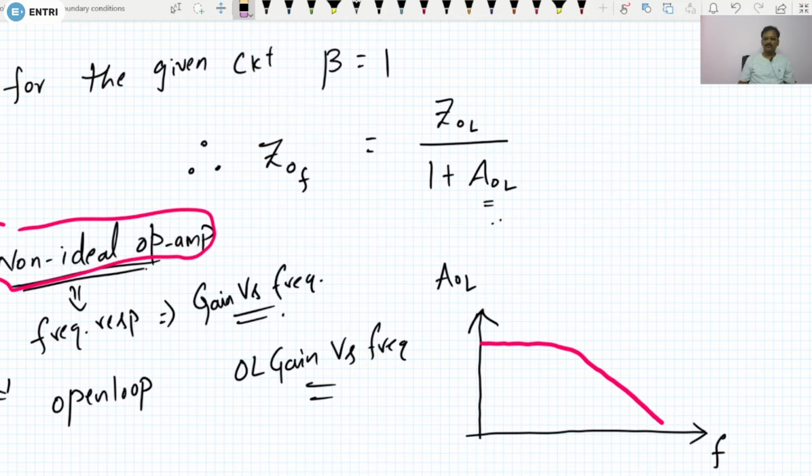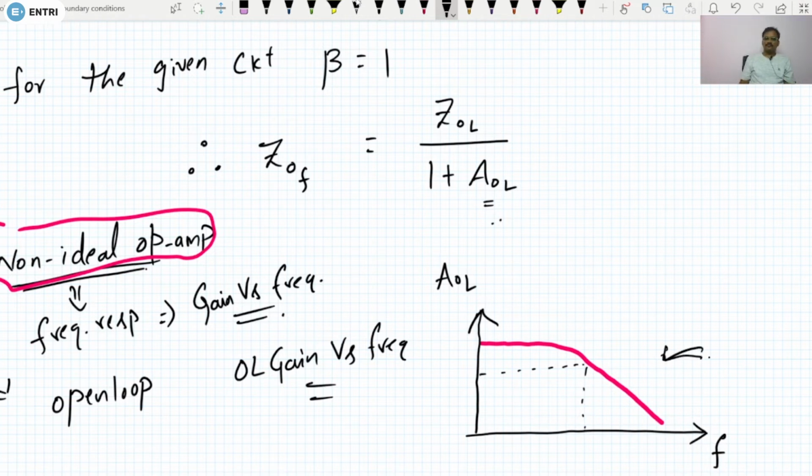So this is open loop gain versus frequency, and this is some 3 dB cutoff frequency. This is the frequency response of an op-amp.